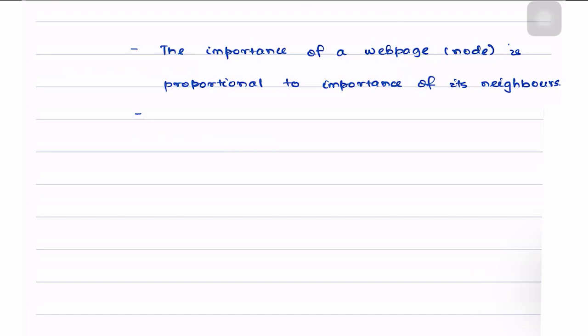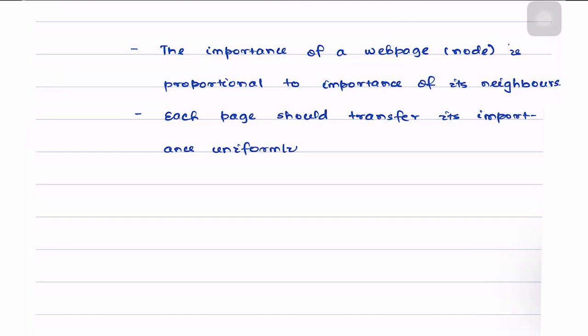We say that each page that is there on the web should transfer its importance uniformly among all of its out neighbors.